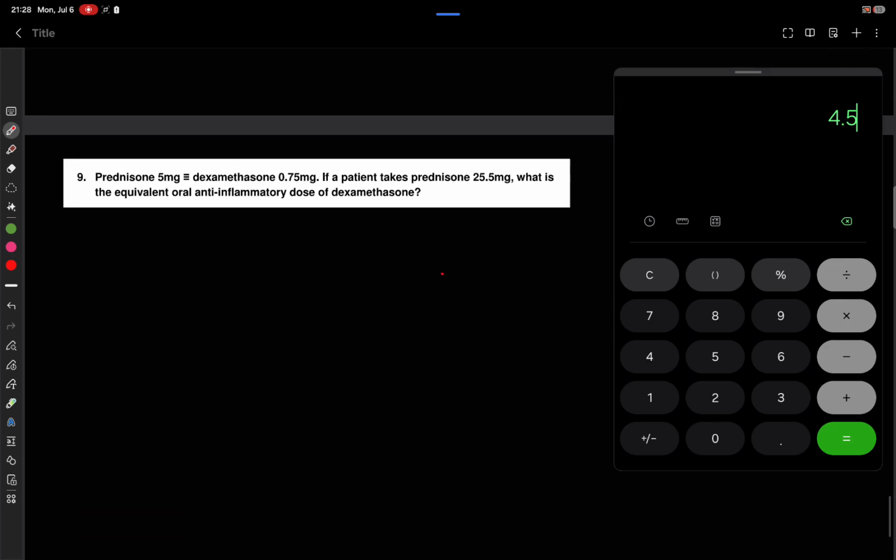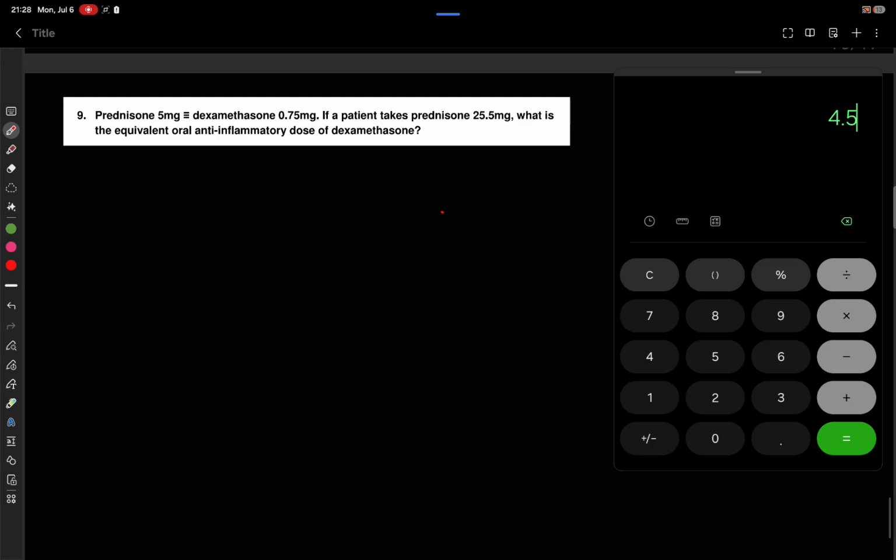Prednisolone 5 milligram is equivalent to dexamethasone 0.75 milligram. The patient is taking 25.5 milligram of prednisolone. How many milligram of dexamethasone will be required for an equivalent anti-inflammatory effect?